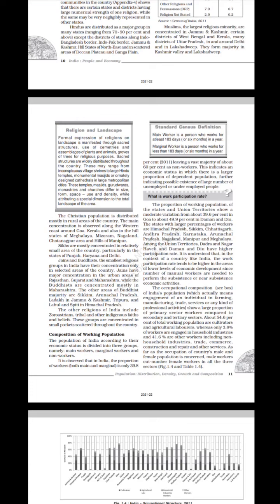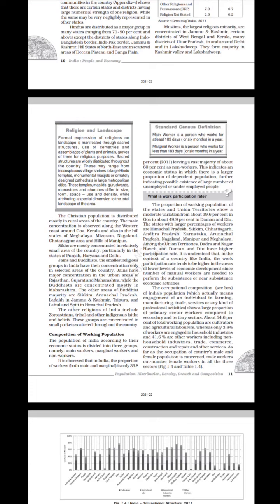What is work participation rate? The proportion of working population of the states and union territories shows moderate variations from about 39.6% in Goa to about 49.9% in Daman and Diu.